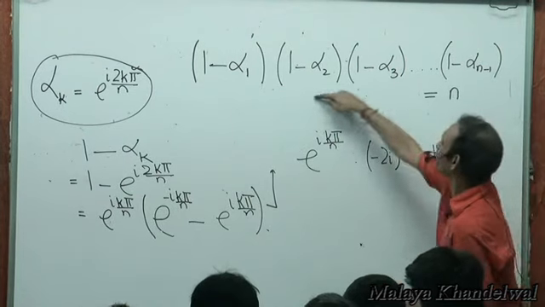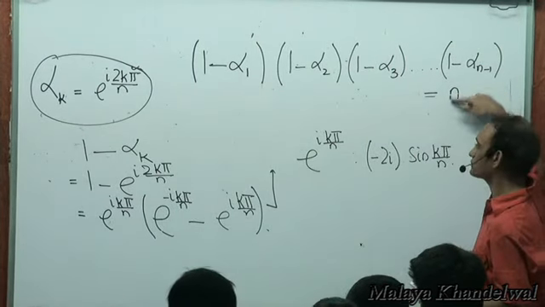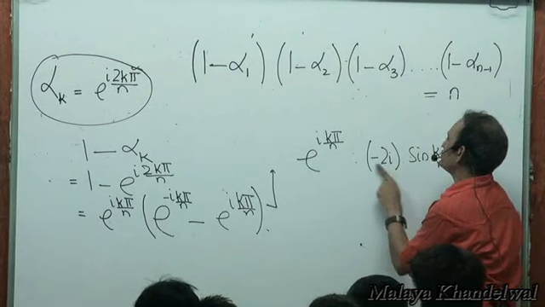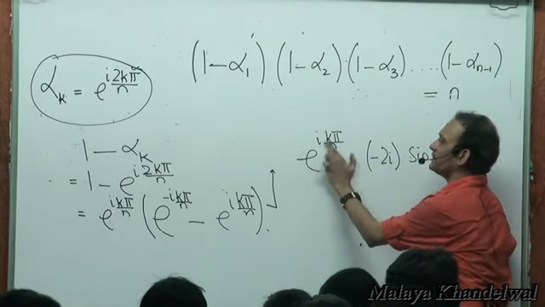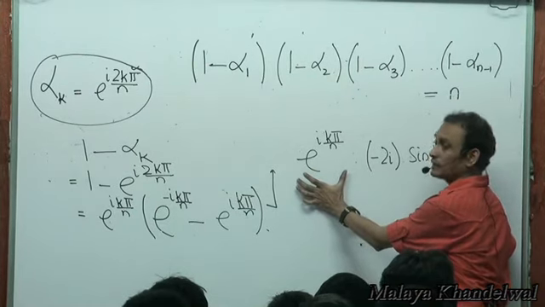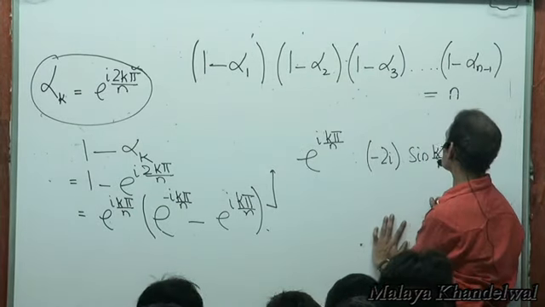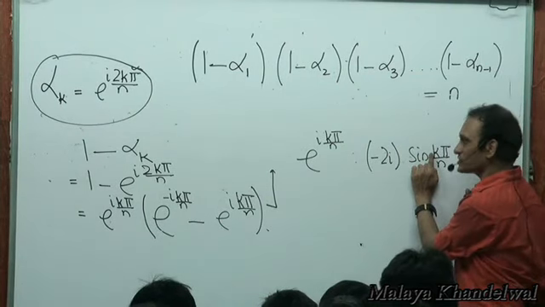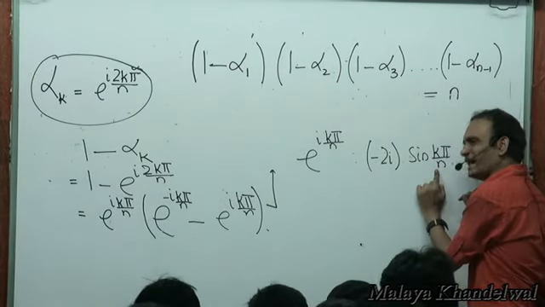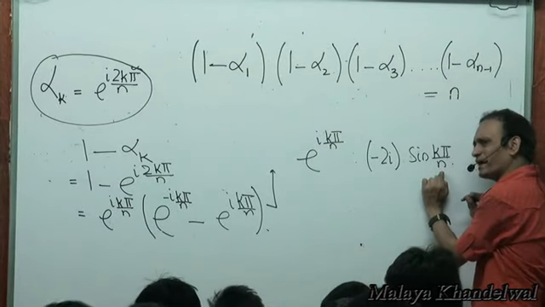K equal to 1 to n will give me various members here. If I took the modulus of minus i, I'll get 1. If I took the modulus of e to the power i k pi by n, I'll get 1. Now, k runs from 1 to n minus 1.